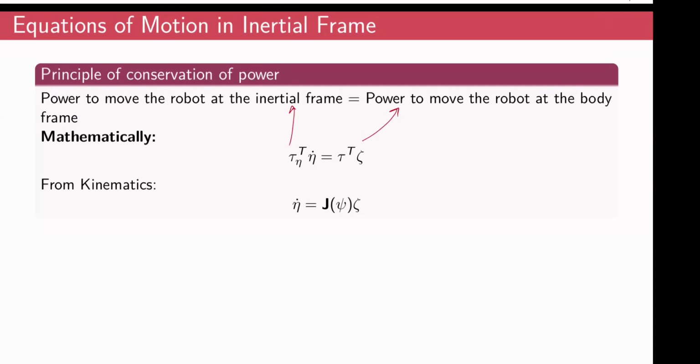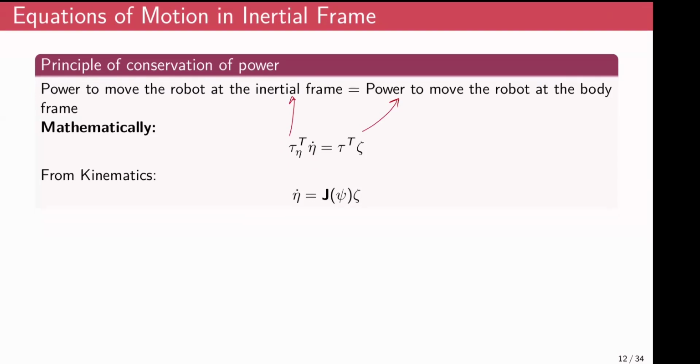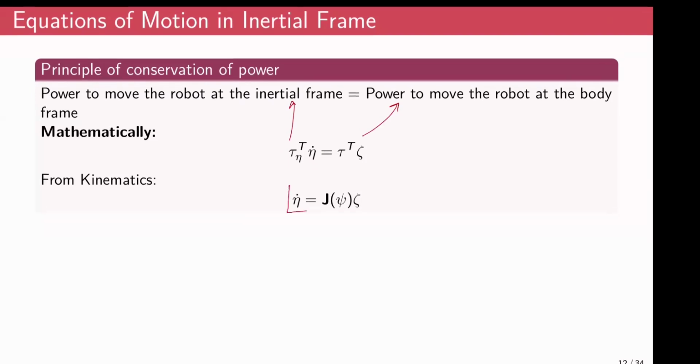We know from kinematics the relation between eta dot and zeta. Eta dot is nothing but x dot, y dot, psi dot, the velocity coordinates with respect to the inertial frame of reference, and zeta is nothing but u, v, and r, the velocity coordinates with respect to the body fixed frame of reference.